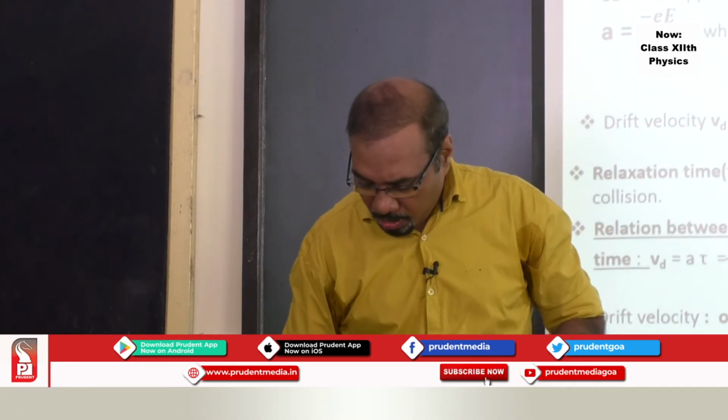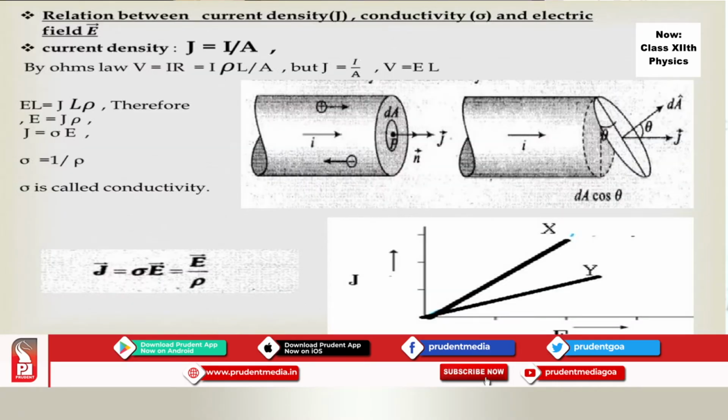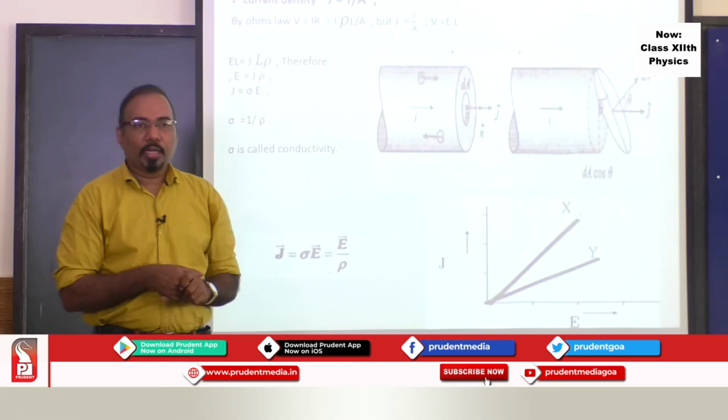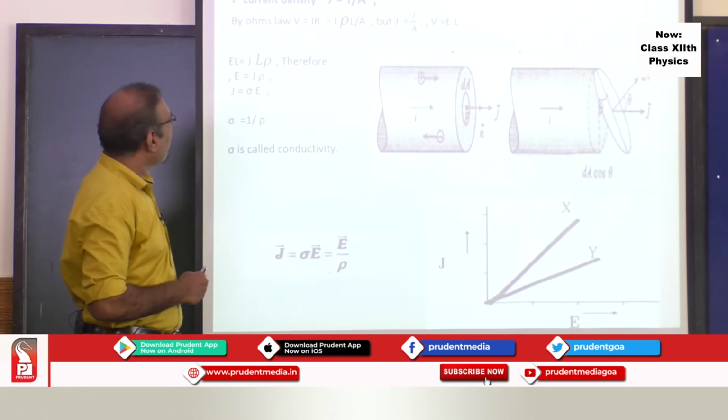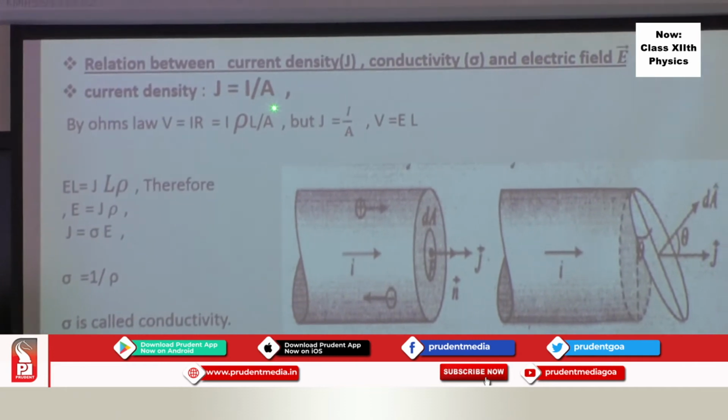Now let's try to understand the relation between current density, conductivity, and electric field. These are related concepts which you should know. Current density is nothing but current per unit area.